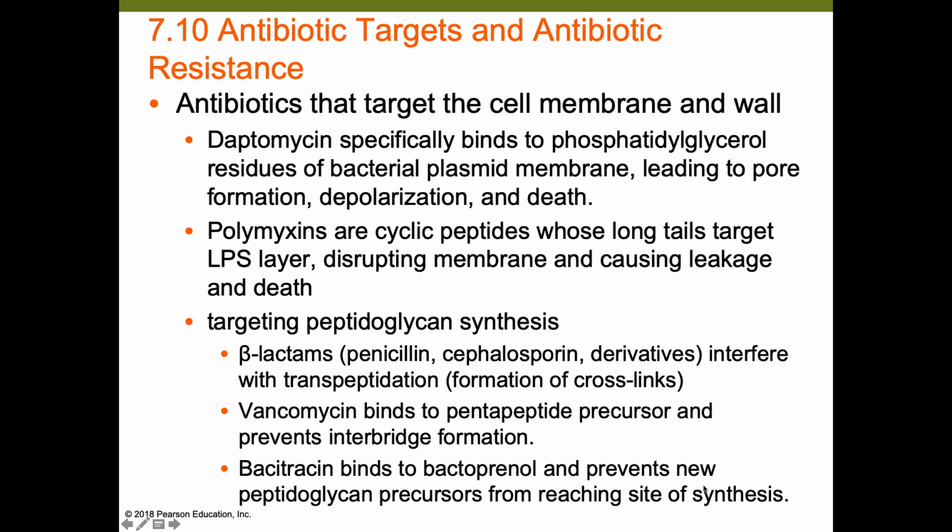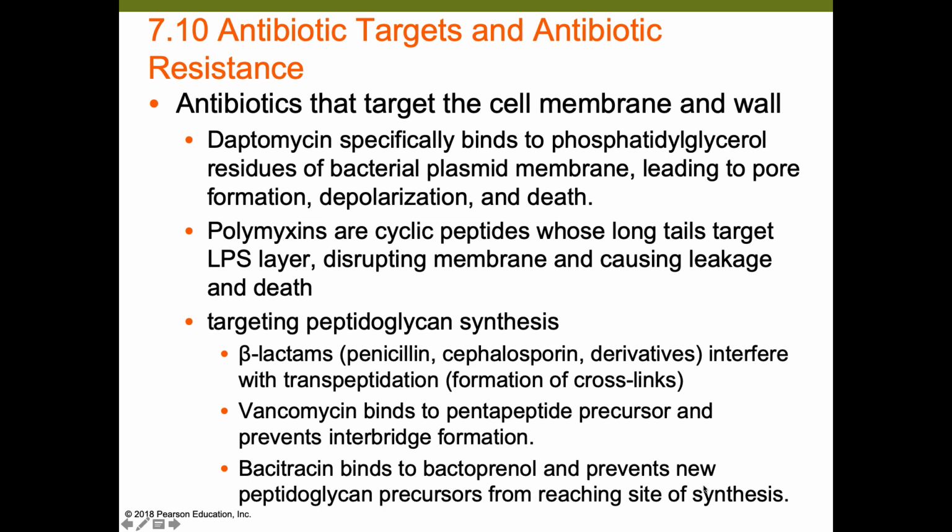Vancomycin is more of a second or third generation cell wall inhibitor. It's a newer drug, but you might remember learning about the ESCAPE pathogens, and we do see vancomycin resistance. Vancomycin resistance is on the rise. Vancomycin also binds to one of the precursor molecules and prevents peptidoglycan biosynthesis.